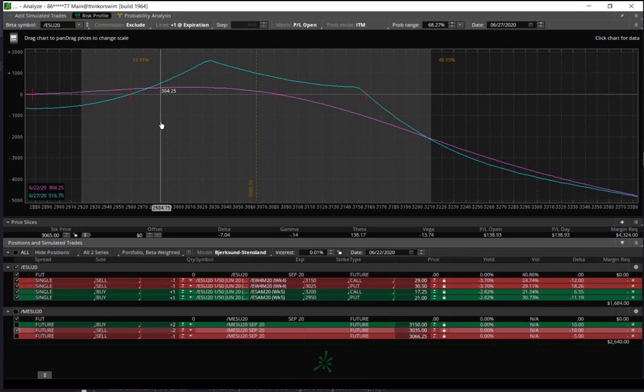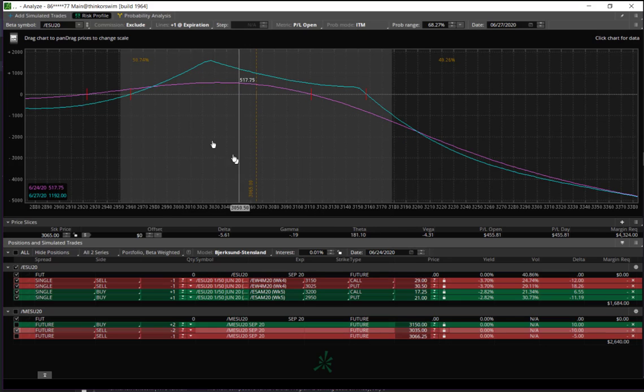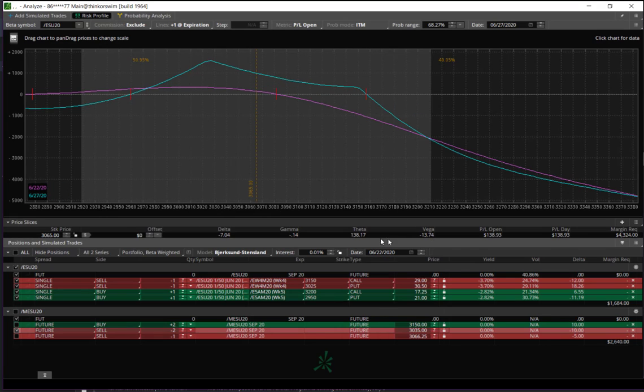If you're 304 in profit, the next day you're 372 in profit, and the next day you're 450 in profit. So what I usually do is use what I call an equity curve trailing stop, where if it's at $400, I say, okay, if it goes back down to 350, I'm going to get out. Once it hits 450, if it goes back down to 400, I'm going to get out.